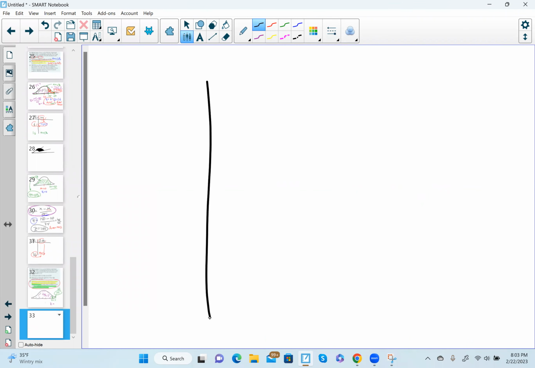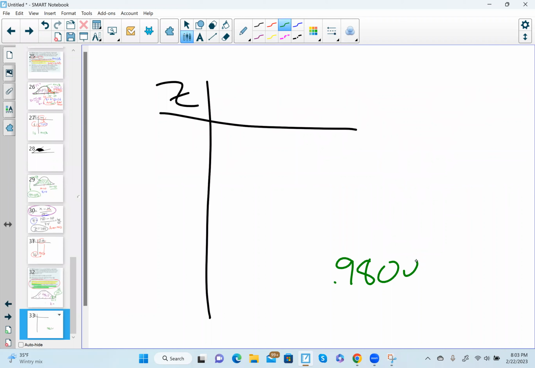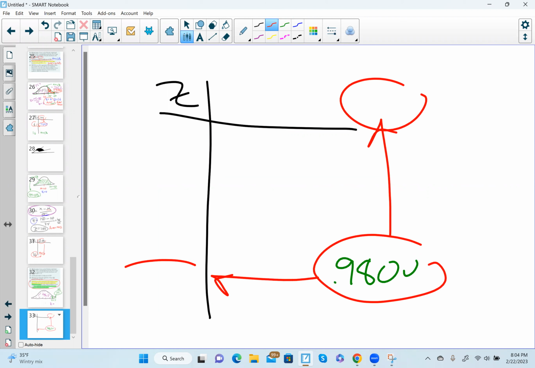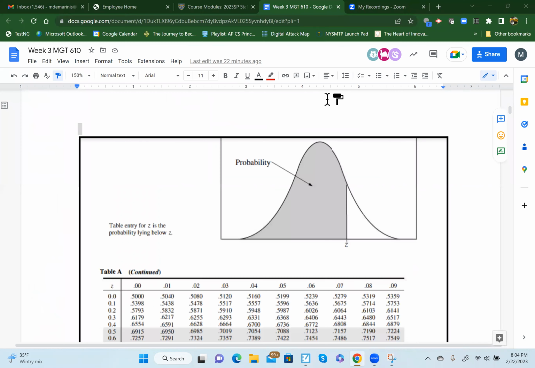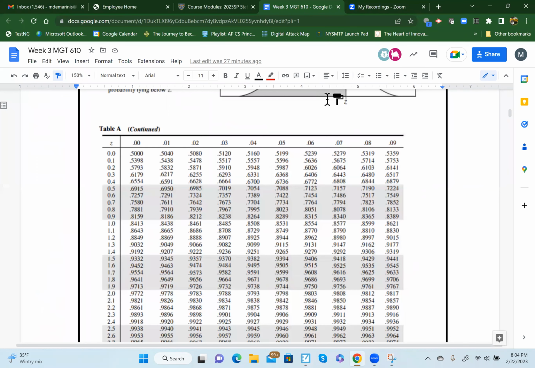We're going to go in the z-chart. We're going to try and find a number in here somewhere that's really close to 0.9800. And once we find that number, we're going to circle it. We're going to look to the top, we're going to look to the side and figure out what this z-score is. That's going to be our plan. So let's go do that. So here we go. I'm going to look in this chart, looking for 0.98, or as close as I can get it.